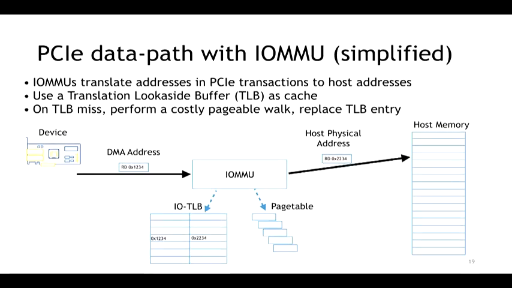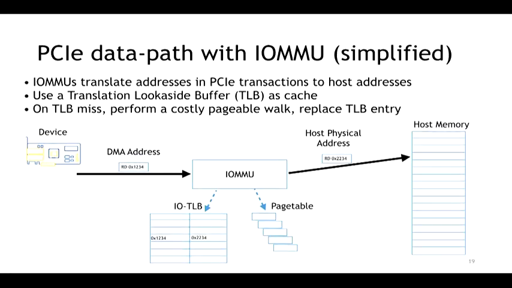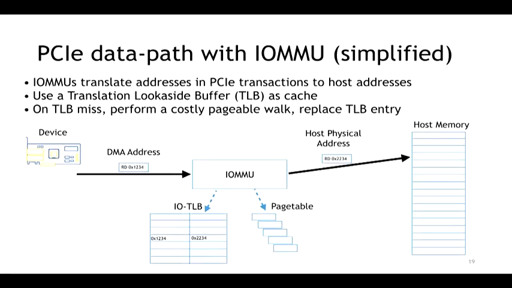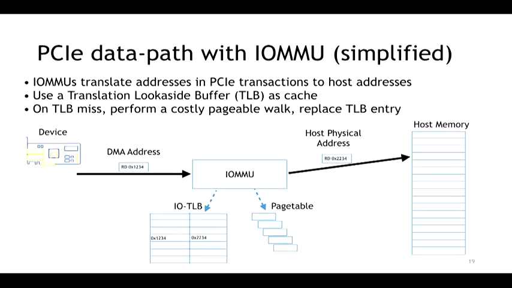To give you an idea what an IOMMU does, it's interposed in the data path between the device and the host. And what it does, it translates addresses in PCI transactions. So here's an example where a device tries to DMA read from a particular address.